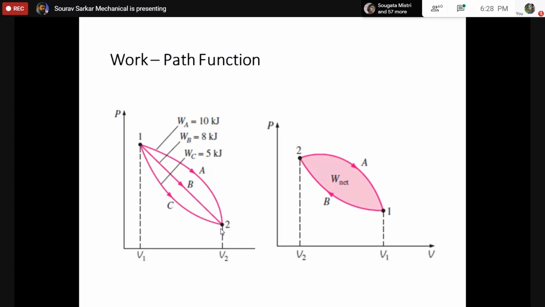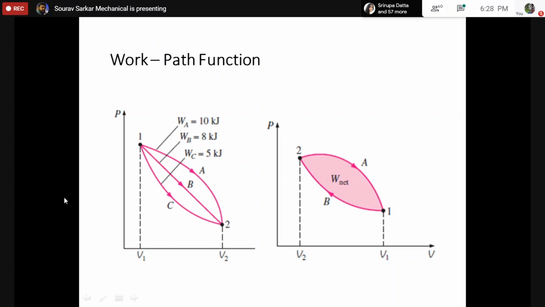You got my point? Suppose you know the pressure of point 1 and you know the pressure of point 2. Whatever path you follow, finally the delta P will remain the same. So the pressure can be called a point function.